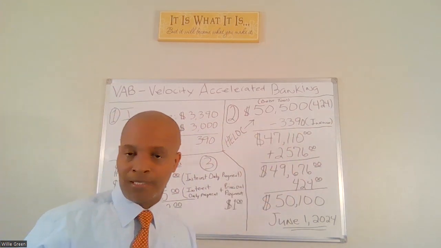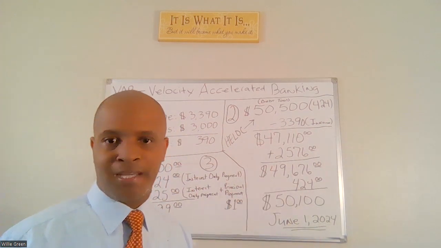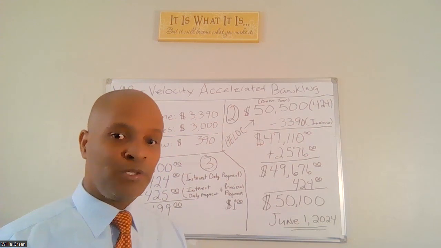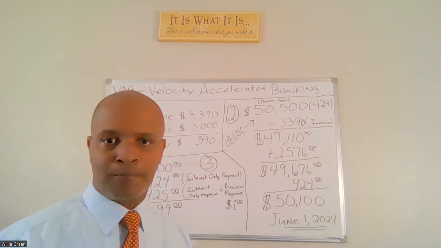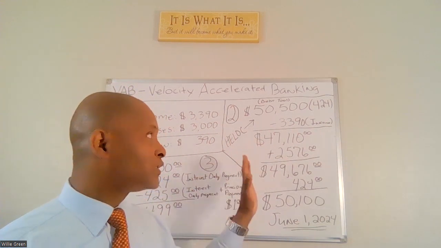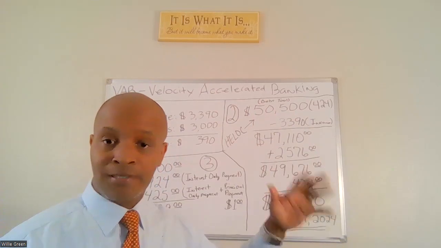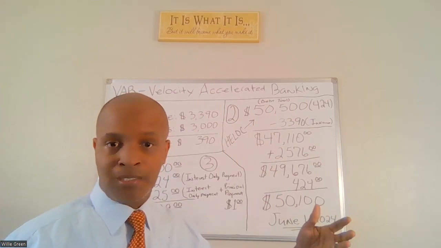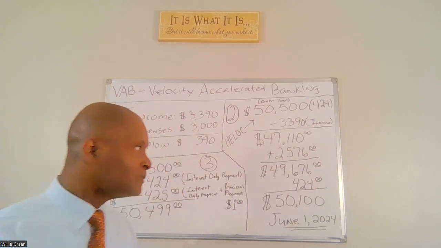That's the beauty of accelerated banking or velocity banking or VAB. The beauty of whatever credit card, HELOC, or whatever tool you have, personal line of credit, when you put your income in or expenses that are greater than the card payment, you're satisfying that payment and freeing up cash flow.